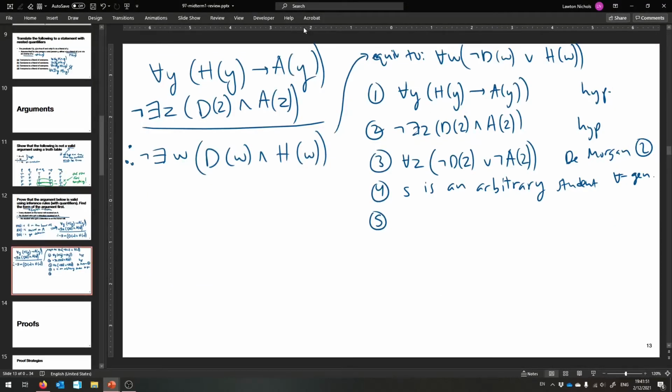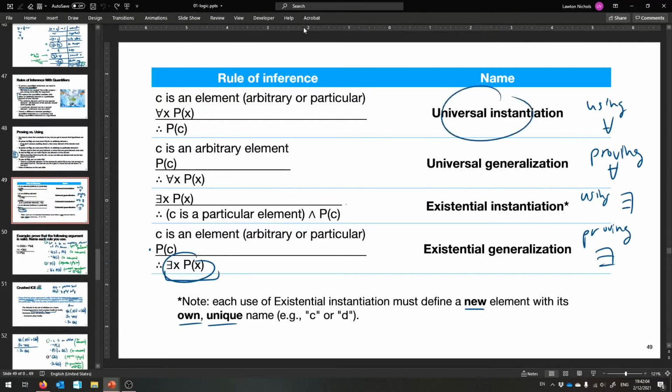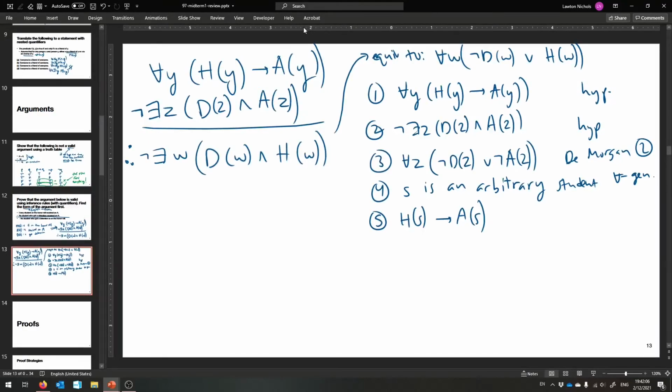So we say H of s implies A of s. And we're getting that from universal instantiation. And I'll say for all inst over here.